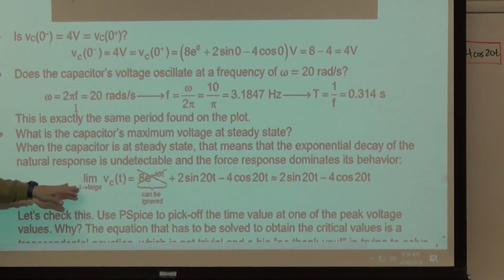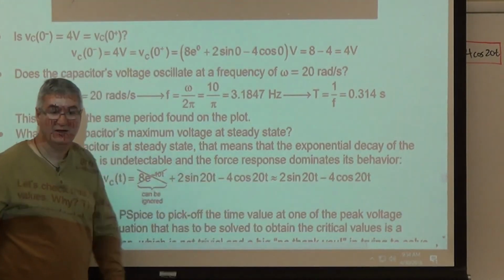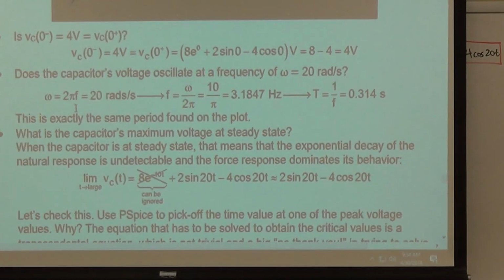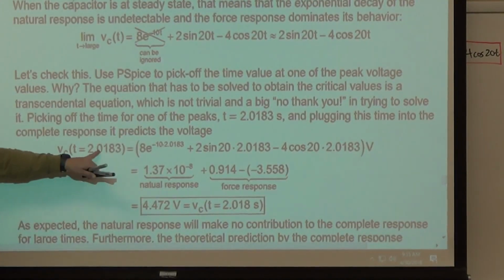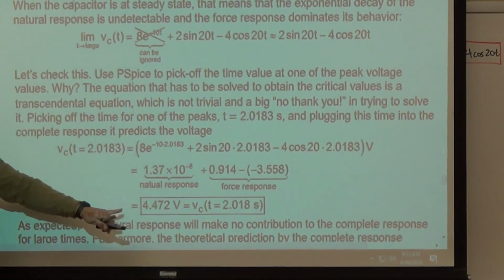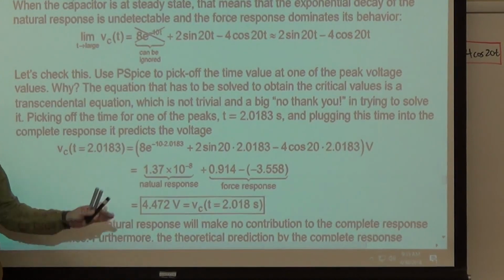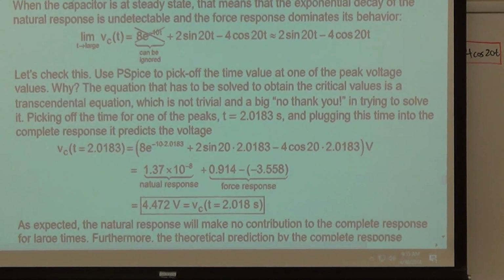You'll see that when you do this, you get the steady state solution that looks exactly like this. And how do I know that? Because I picked one arbitrary point, and then I plugged that in, and when you compare that value up there to this value, you see that they're identical. So I'm calculating the values that PSpice is giving. Okay, so that's essentially where we're at here.